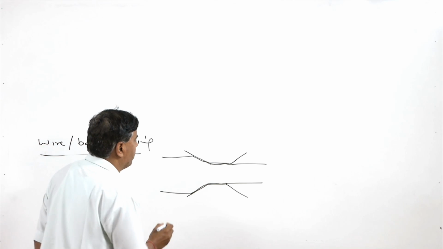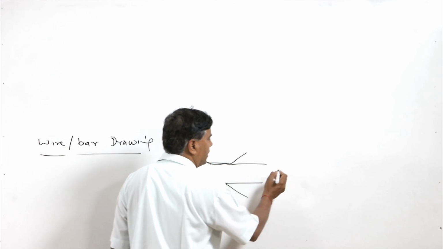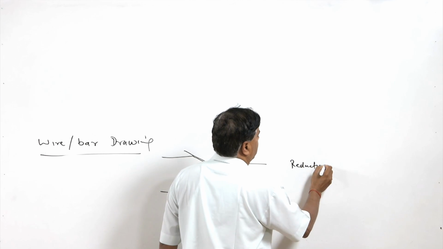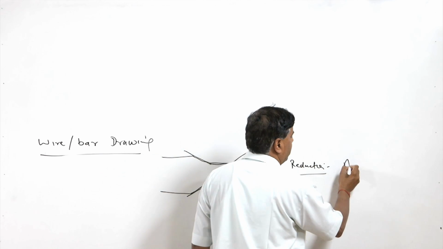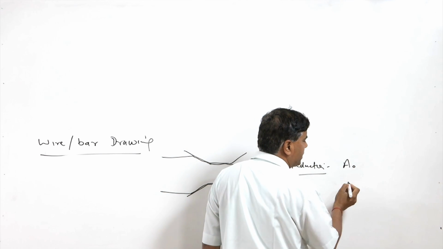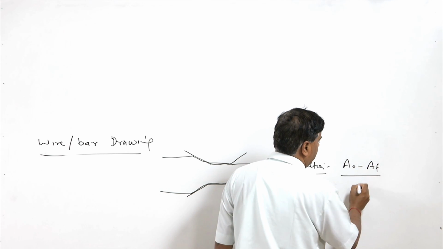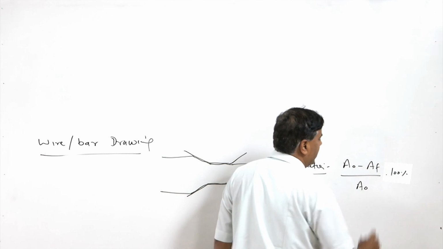This reduction is expressed as a percentage: the initial cross sectional area minus the final cross sectional area, divided by the initial cross sectional area.